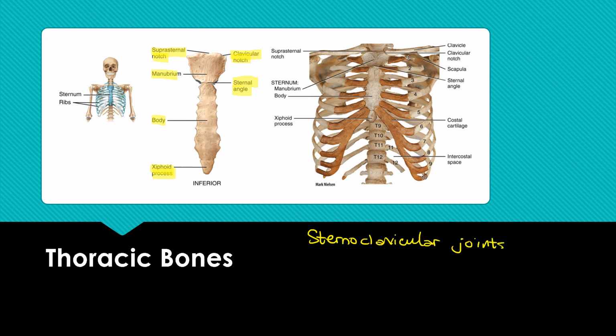So again, these are going to be the joints between the sternum and the clavicle, which, if we look up here on this right picture, is going to be this joint right here and right here.